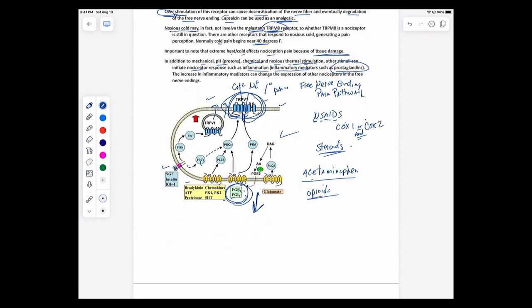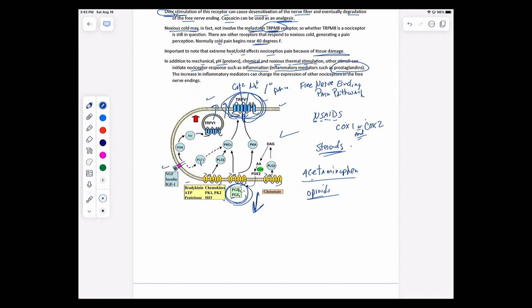I'm not going to go into all those mechanisms. That's fairly well worked out. There's plenty of things in the literature about that, but that's not the purpose of this lecture. So I guess generally what I'm saying is that these broad classes of drugs that address pain are steroids, NSAIDs, acetaminophen, and opioids. There are some other drugs that are out there as well, but these are kind of the biggies.